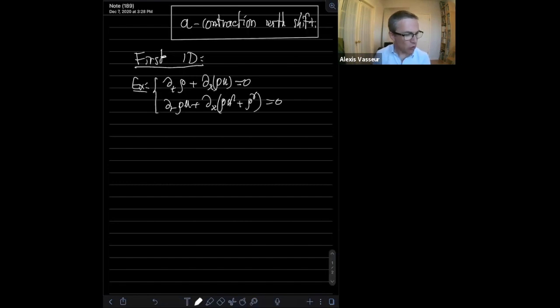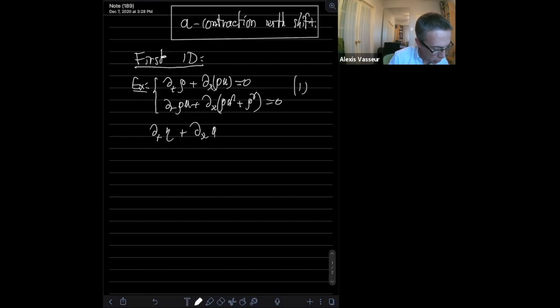Of course, if we want to consider the stability problem, it has been very well known for a very long time that you need, maybe not enough, but at least, to consider solutions which decrease the entropy. So this will be my system 1, and we'll consider only solutions which verify dt eta plus dx q negative, which is my 2. In this specific example, what is important is that the entropy is convex with respect to the conservative quantities rho and rho u.